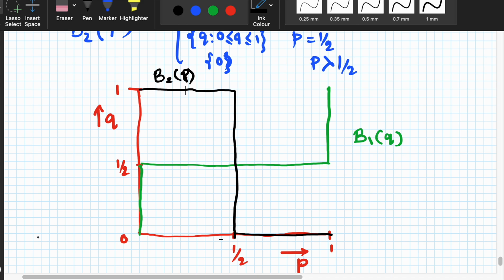Now, what is the Nash equilibrium here? Nash equilibrium corresponds to where the two best responses meet. So this point corresponds to the Nash equilibrium.